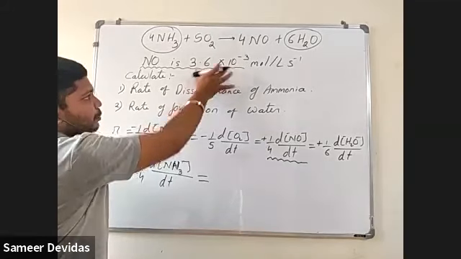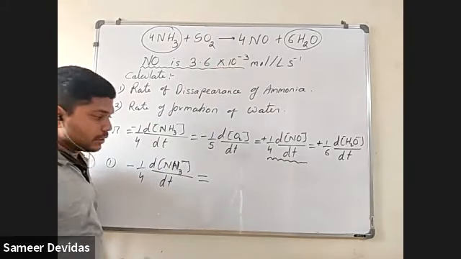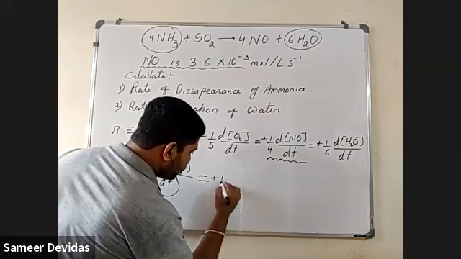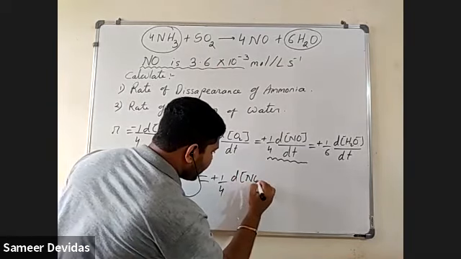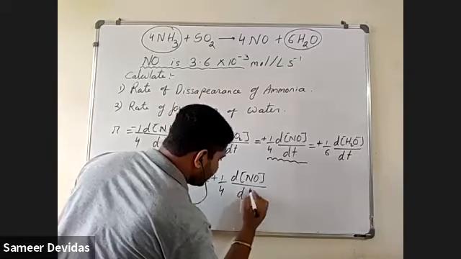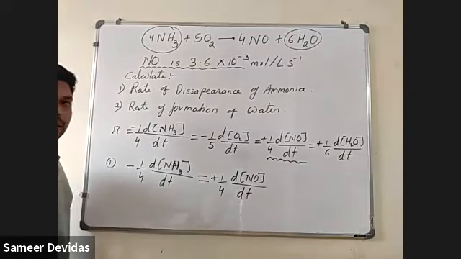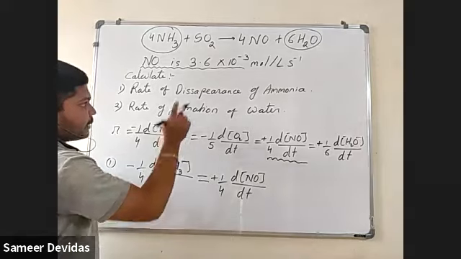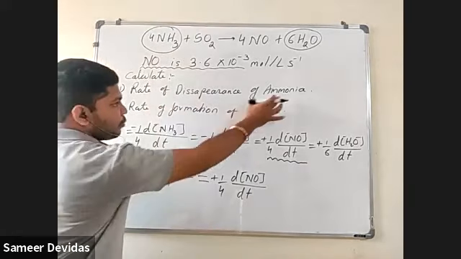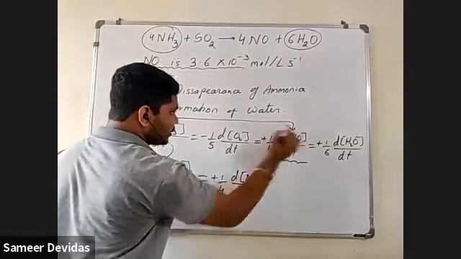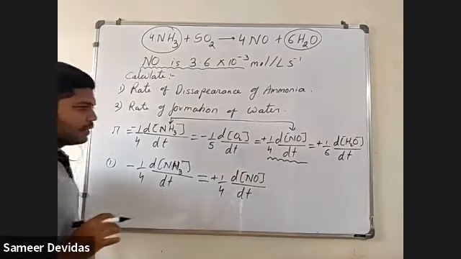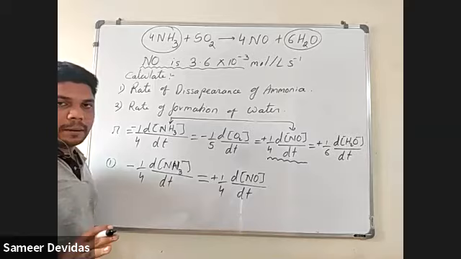What is that? This particular concentration. So plus 1 upon 4 d[NO] upon dt. As this is given and this ammonia you have to find out, I have compared this and this. Is there any difficulty till here?